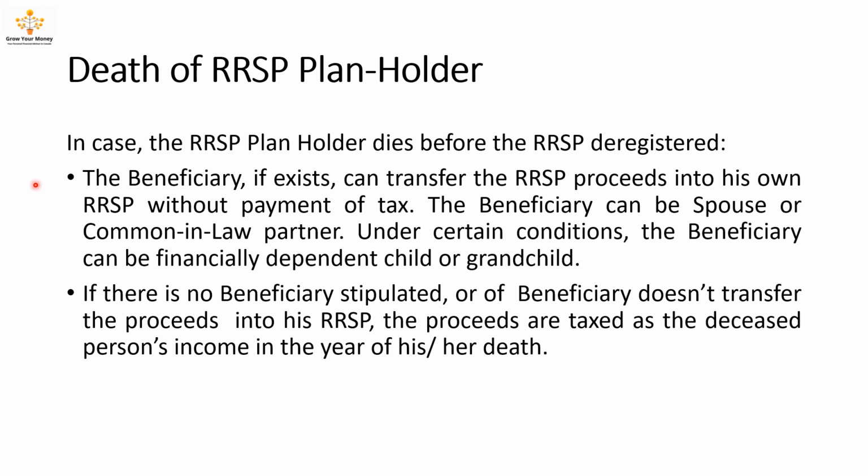Under certain conditions, the beneficiary can be a financially dependent child or grandchild also. If there is no beneficiary stipulated, or if the beneficiary doesn't transfer the proceeds into his or her RRSP, the proceeds are taxed as the deceased person's income in the year of his or her death.